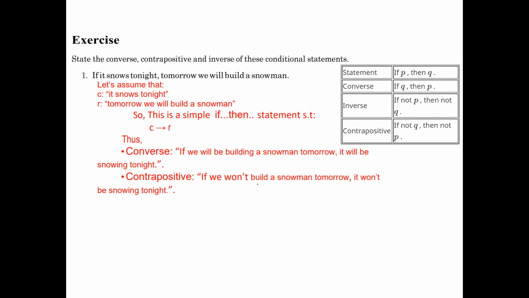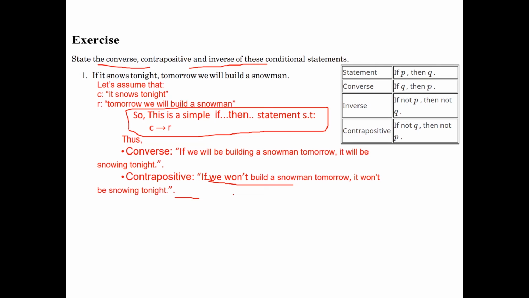Now you might be thinking, there could be other reasons that made us not build a snowman even if it did snow tonight. But you have to look at this as if this statement is law. C implies R is law. If it snowed tonight, then tomorrow we're going to be building a snowman, even if it was Armageddon or explosions or whatever. It's like a law. So if you didn't build a snowman tomorrow, then it definitely didn't snow tonight.